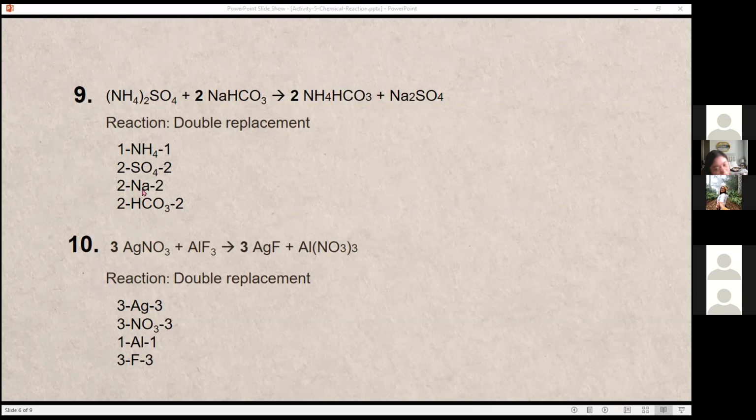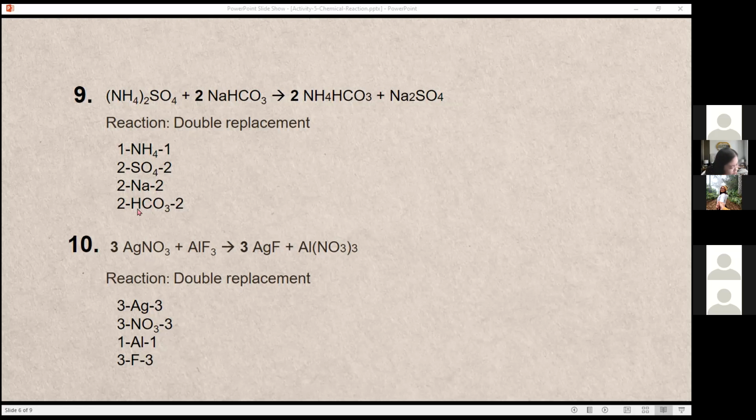And dito po sa Na, sa reactant side po niya is 1, and dito po sa product side is also 1. In order to balance this equation, we put 2 as coefficient here in reactant side para mabalance po dito sa product side.